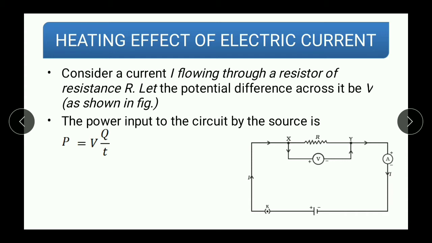So what is Q/t? Q/t is nothing but the rate of flow of charge with respect to time. So this is nothing but current. So you can also say power is equal to voltage into current. So V into I can also be written. We are going to see this in the coming topic also. So P = VQ/t, and this is equal to V × I.